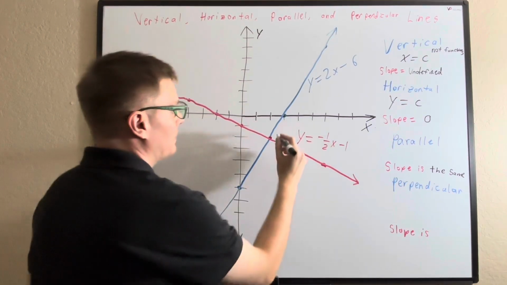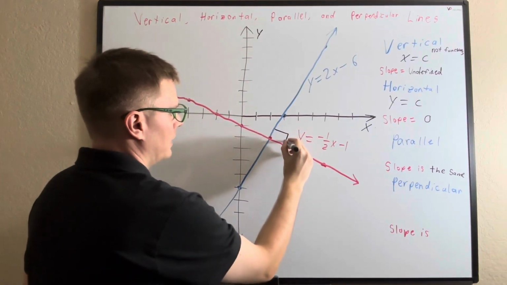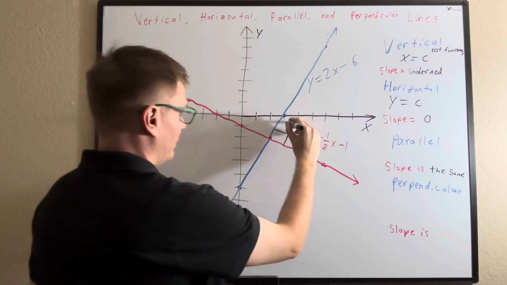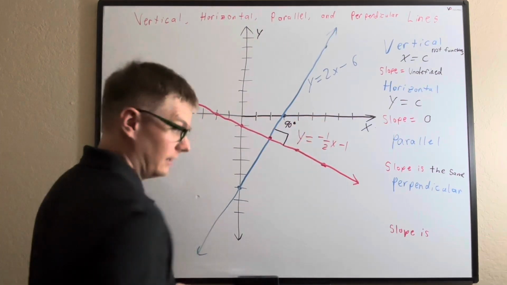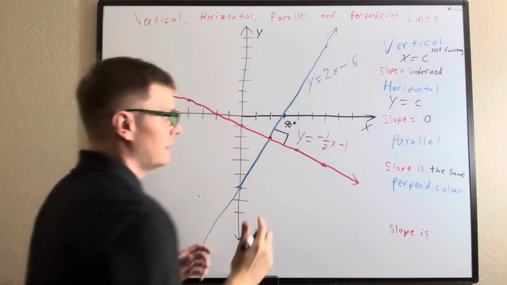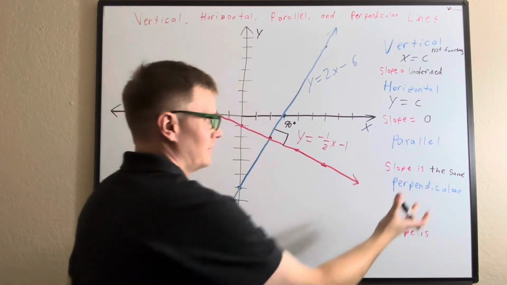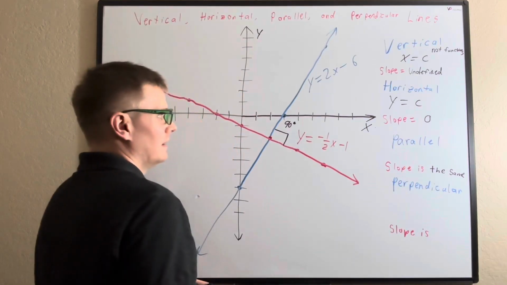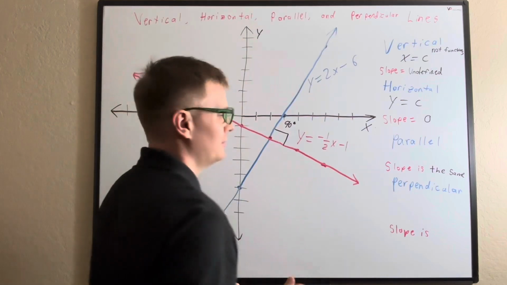But what makes them perpendicular, though? Well, they intersect at a right angle. How do I know that they intersect at an angle of 90 degrees? Because of the slopes. Well, I just said that the slopes aren't the same. So wait, what is the relationship between these two slopes?